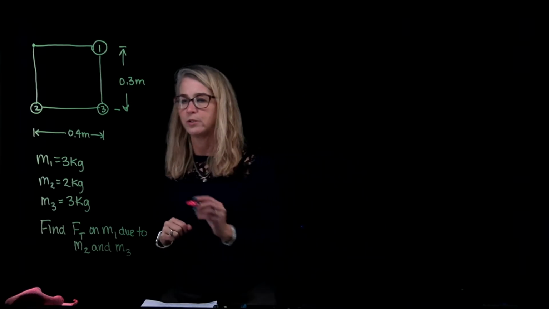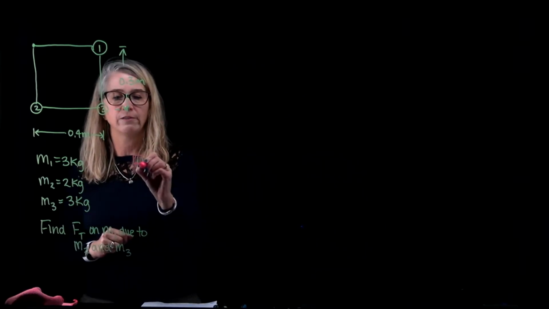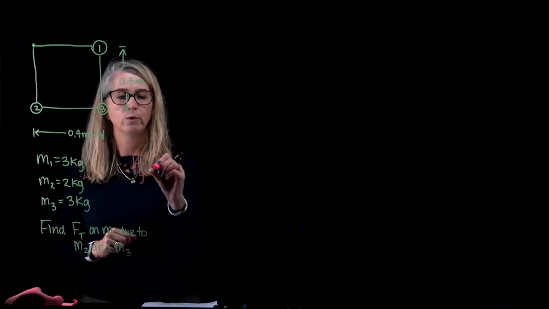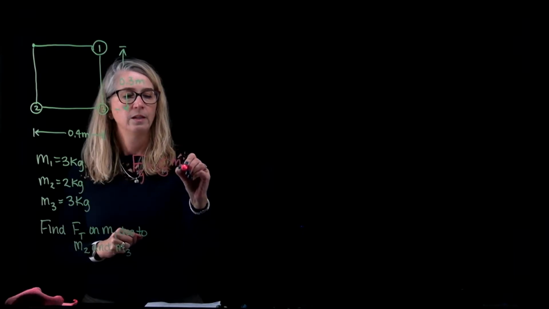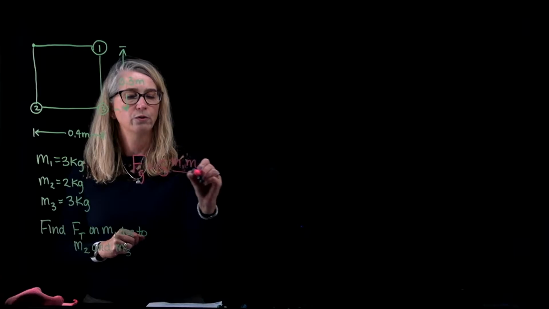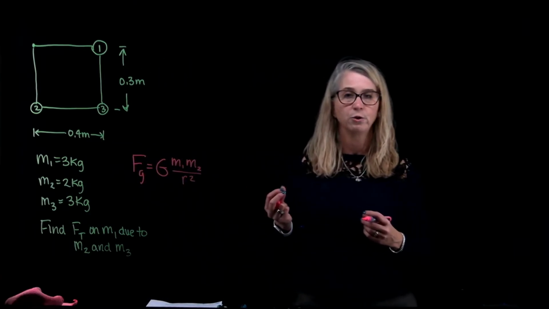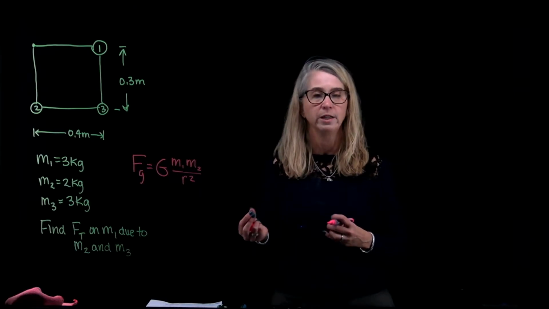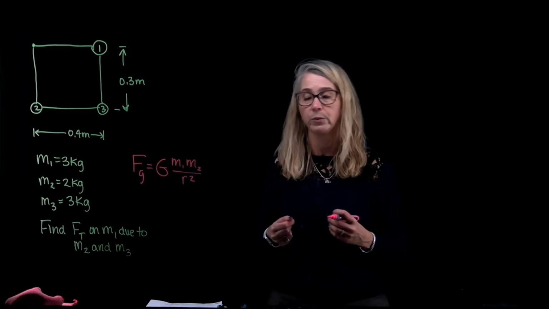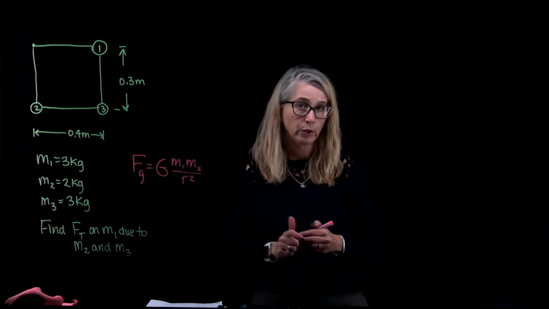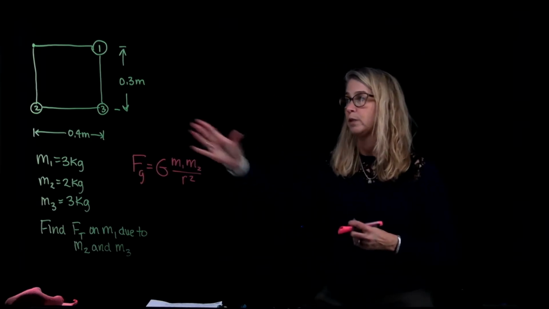So what we're using is the Universal Law of Gravitation, where the force of gravity is equal to the universal gravitation constant times the product of the two masses divided by the distance between the two squared.